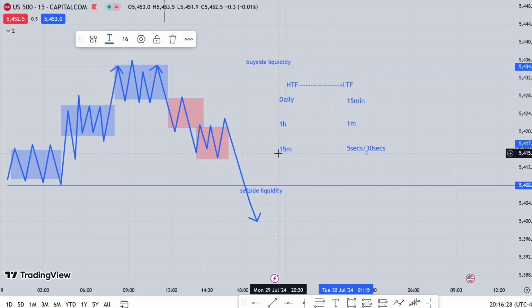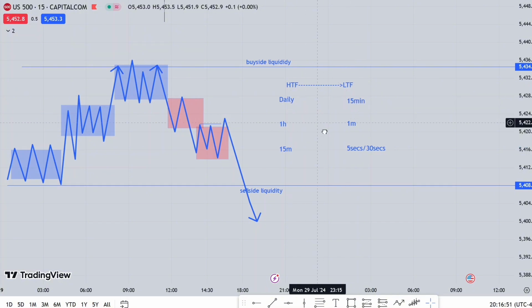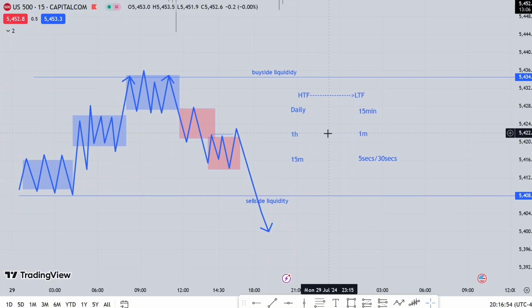The 15 minutes and the 1 hour higher time frame, using the 1 minute as the subordinate lower time frame, this is for scalpers. Using the daily as the higher time frame and the 15 minutes as the lower time frame, this is for intraday traders that trade intraday models.